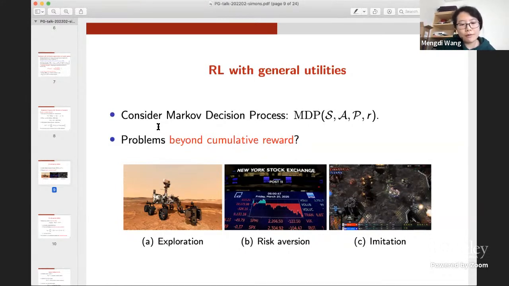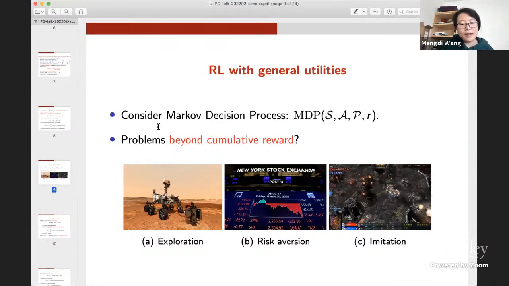One example is if we want to do exploration in a brand new environment. We care about visiting every possible state, but it's very hard to model this objective as a cumulative sum of rewards. For example, if we augment the state space by memorizing all the states that have been visited, then we can make the reward additive. However, this augmentation makes the state space exponentially larger than the original state space.